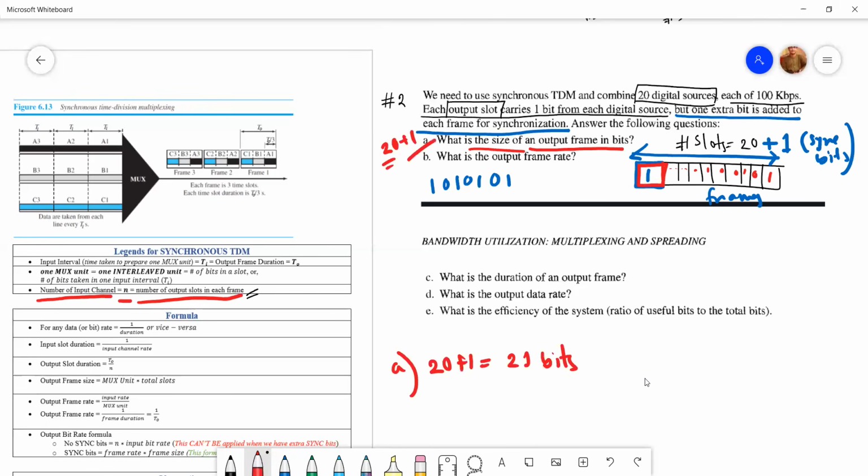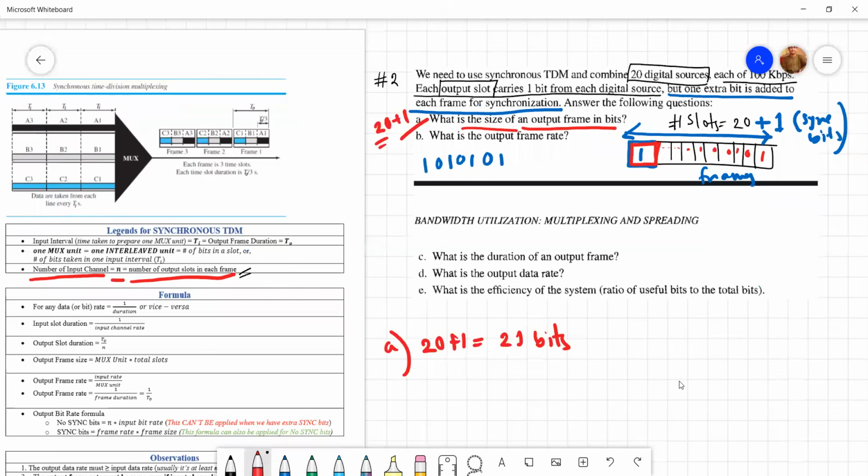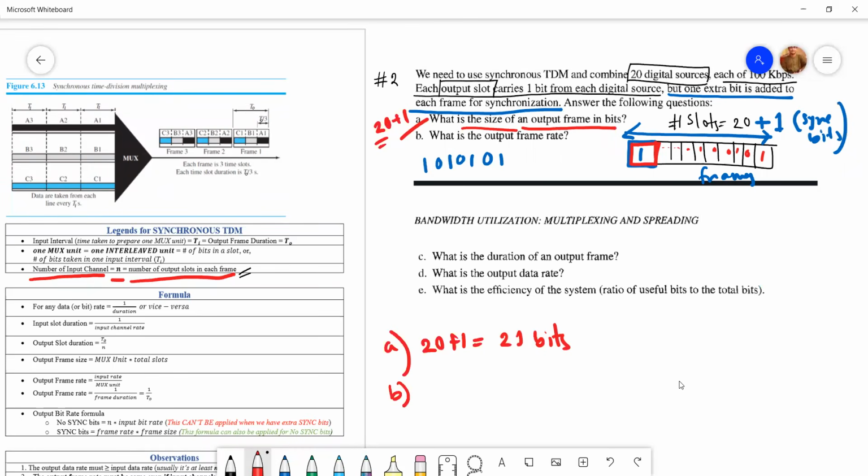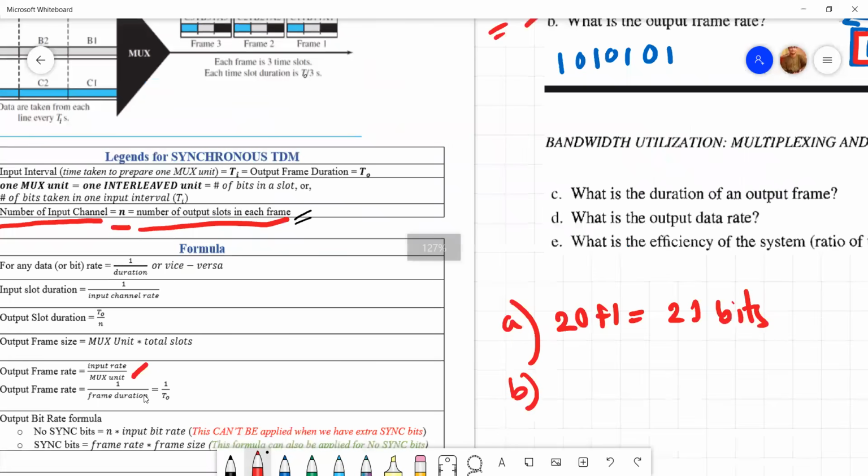The next question asks what is my output frame rate. This is a little bit different. The output frame rate is the input rate divided by the multiplexing unit, or we can also find it using the formula 1 divided by T0, where T0 is the output frame duration.